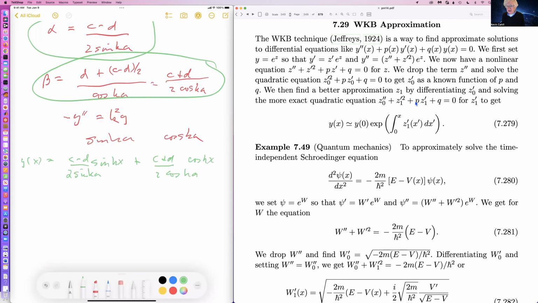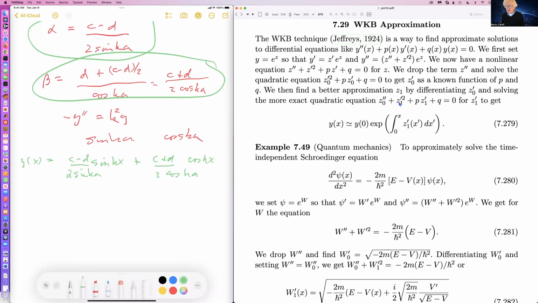We seek a more exact solution, namely we stick in our very approximate or crude value of z0 double prime, or of z1 double prime, approximating it as simply the derivative of z0 prime. And so then we have this equation, and then we can solve this differential equation for Z1 prime and integrate it.